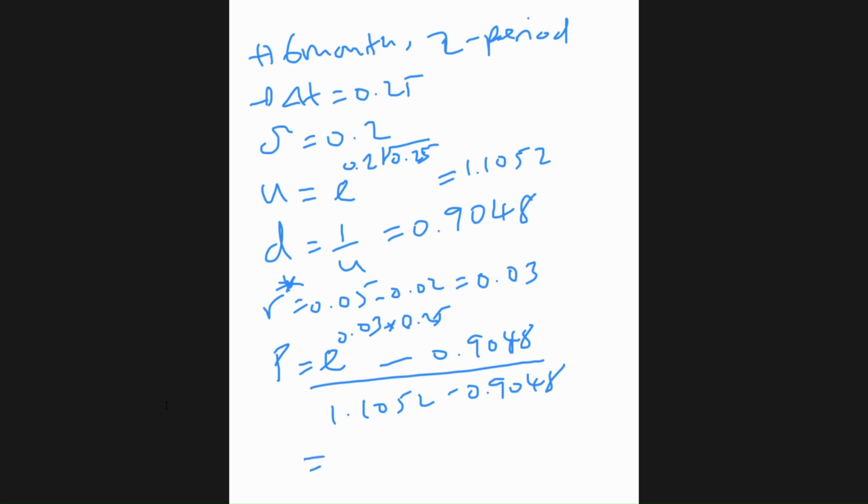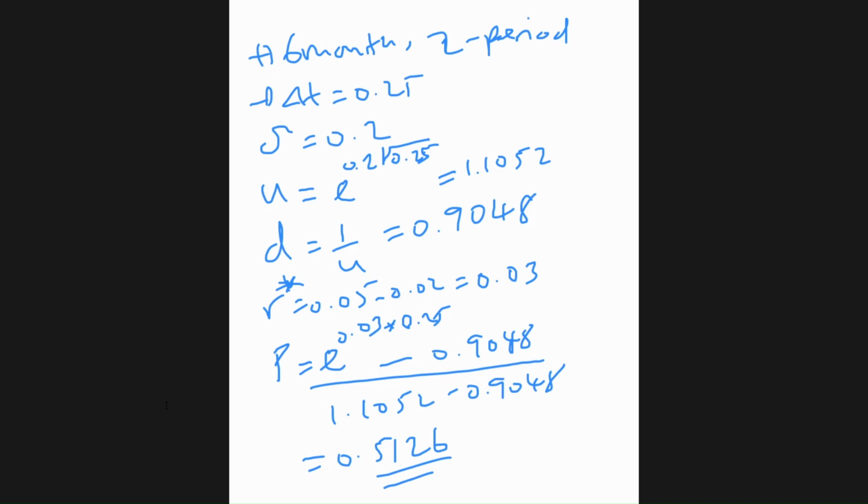If you work it out carefully with your calculator, you will find that P, the probability that the price will go up, is 0.5126. Always work with 4 decimals for accuracy. Any question? I was only using this example to demonstrate how to compute the parameters that will be used to calculate the value of the option.